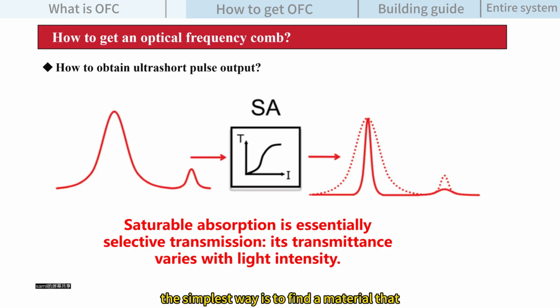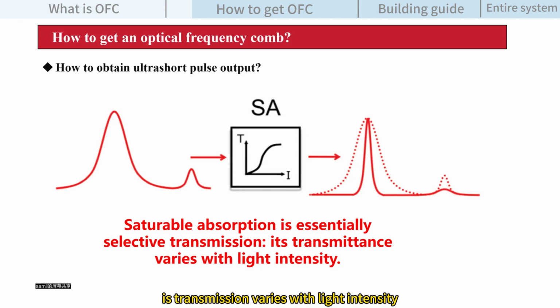The simplest way is to find a material that keeps narrowing the input pulse over many cycles until it becomes short enough. Such a thing we call a saturable absorber. So the saturable absorber is essentially selective transmission.